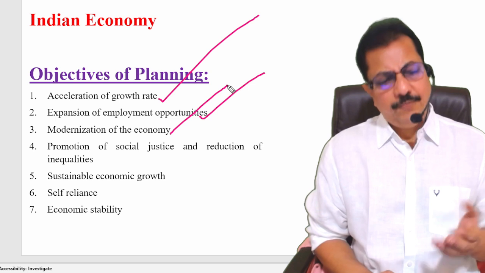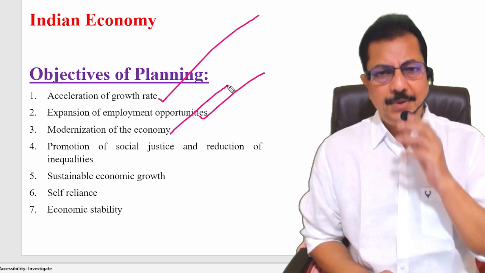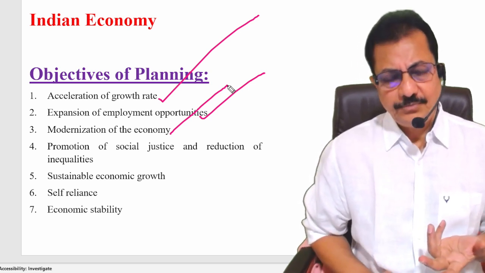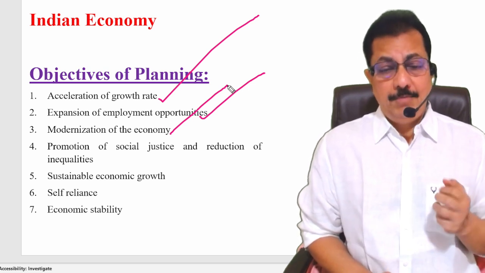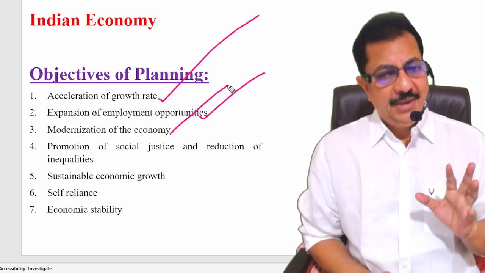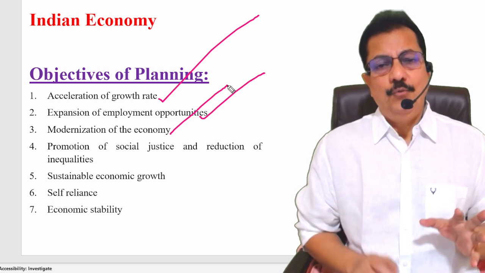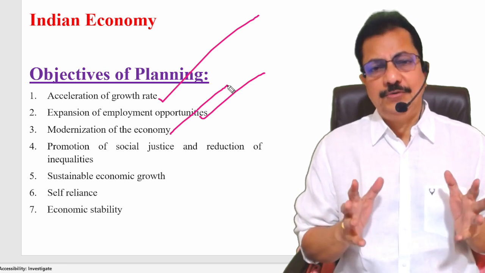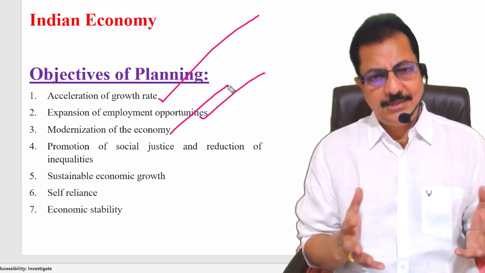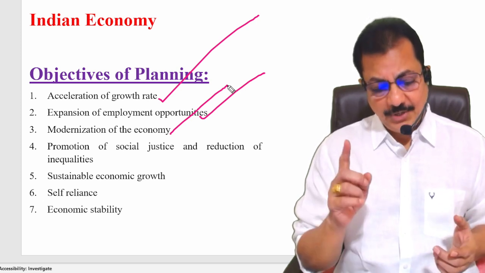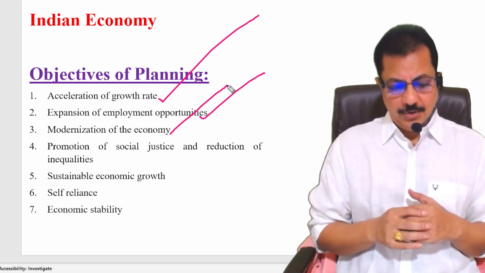Earlier, and of course even today, some people are using bullocks for plowing the land. But over a period of time, because of this modernization, we got new tools for plowing the land. So it becomes easy and safe also. Clear? So that is modernization of economy.